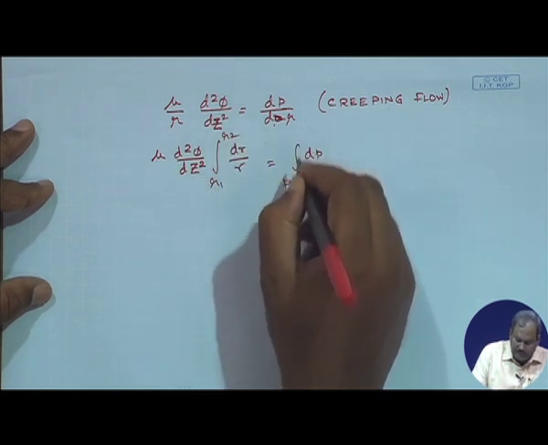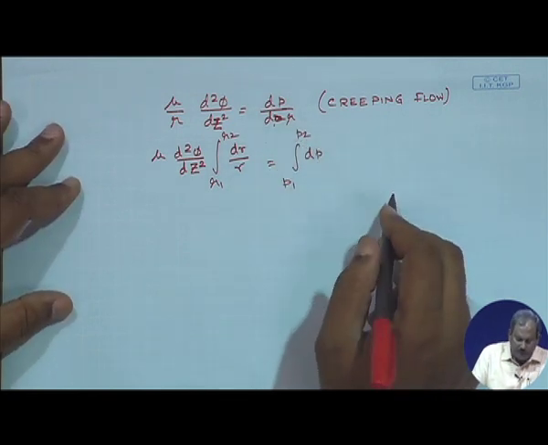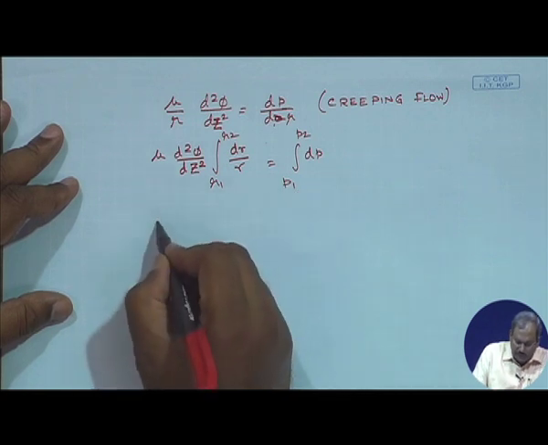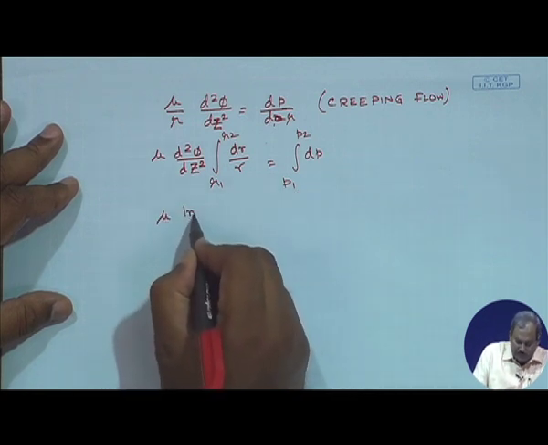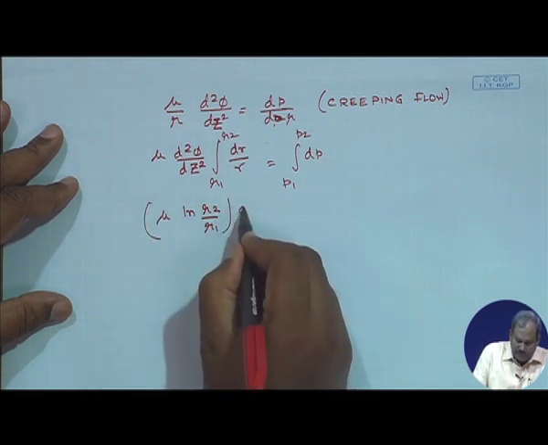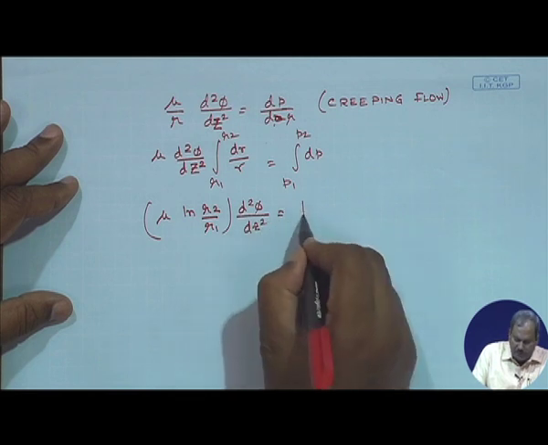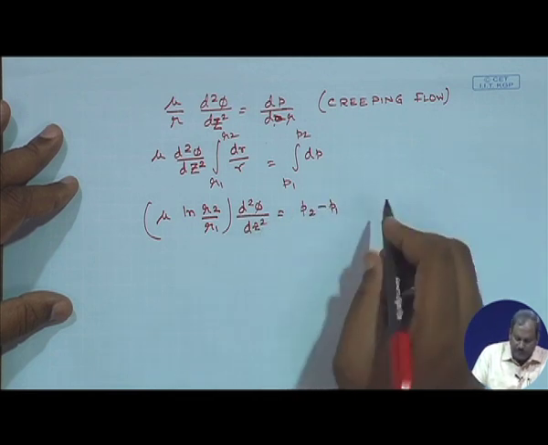Let us say the pressures at the two locations are P2 and P1, and therefore, upon integration, you can write ln r2 by r1 times d2 phi by dz square would be equal to P2 minus P1.